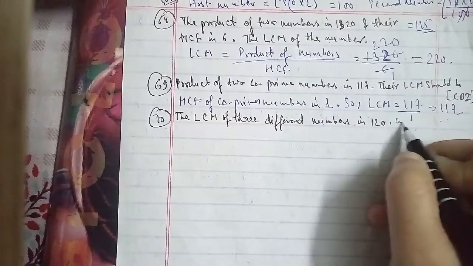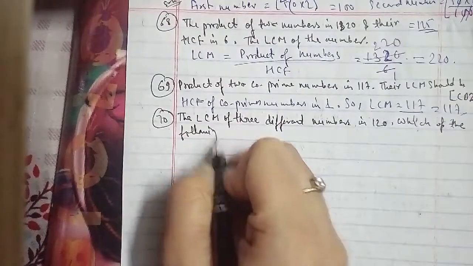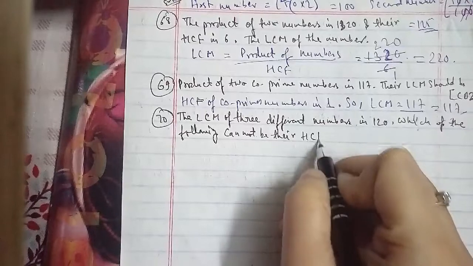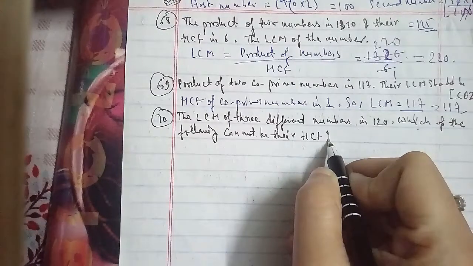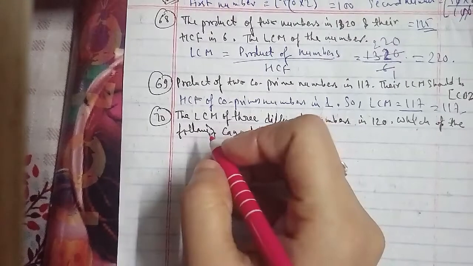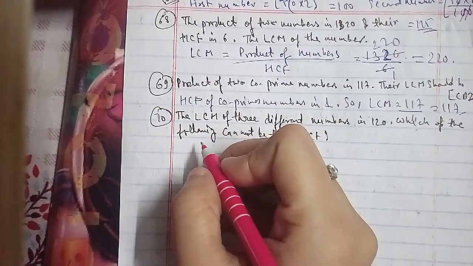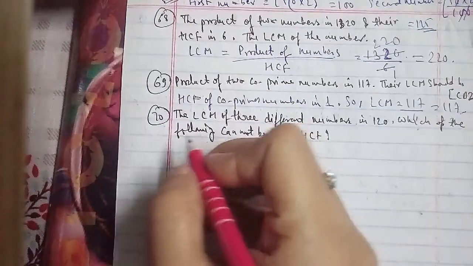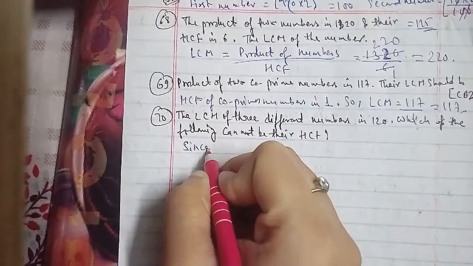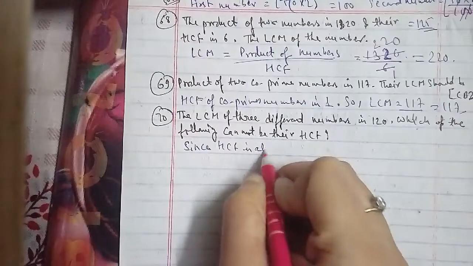So the solution for this: since HCF is always a factor of LCM, we cannot have three numbers with HCF 35 and LCM 120.